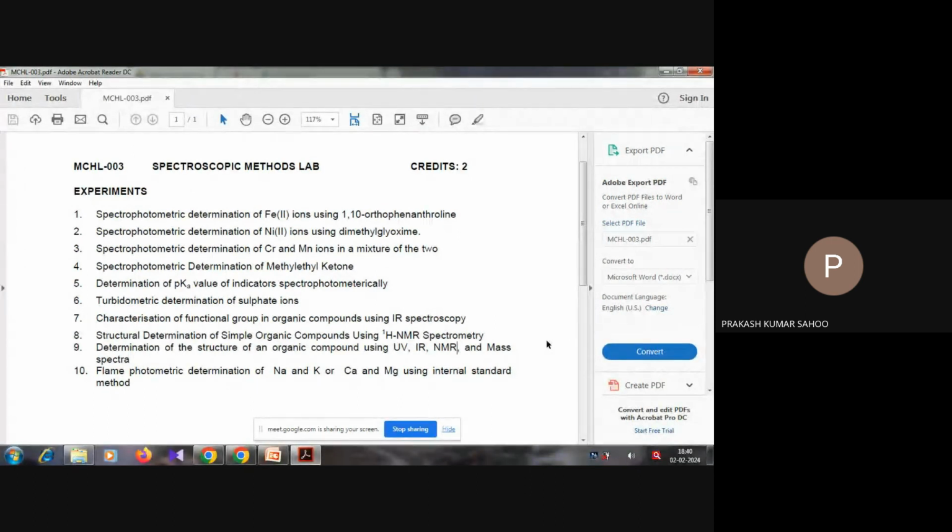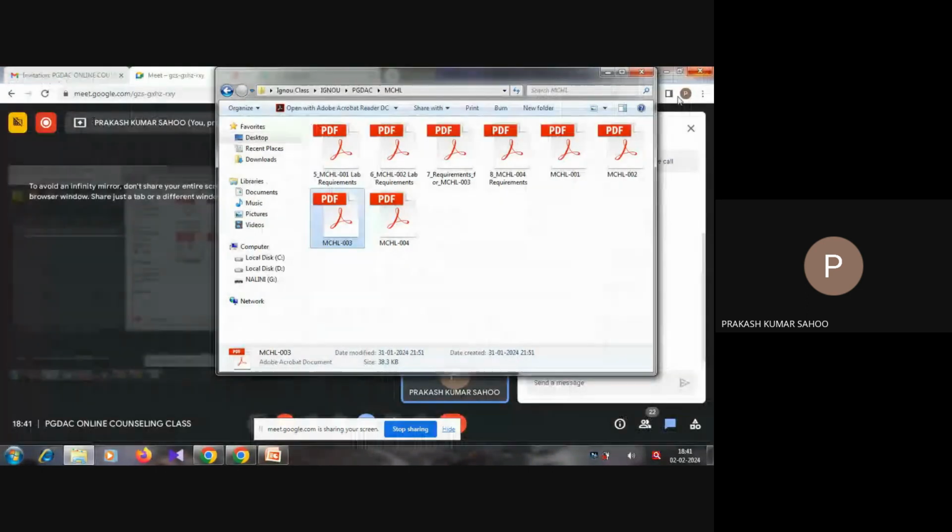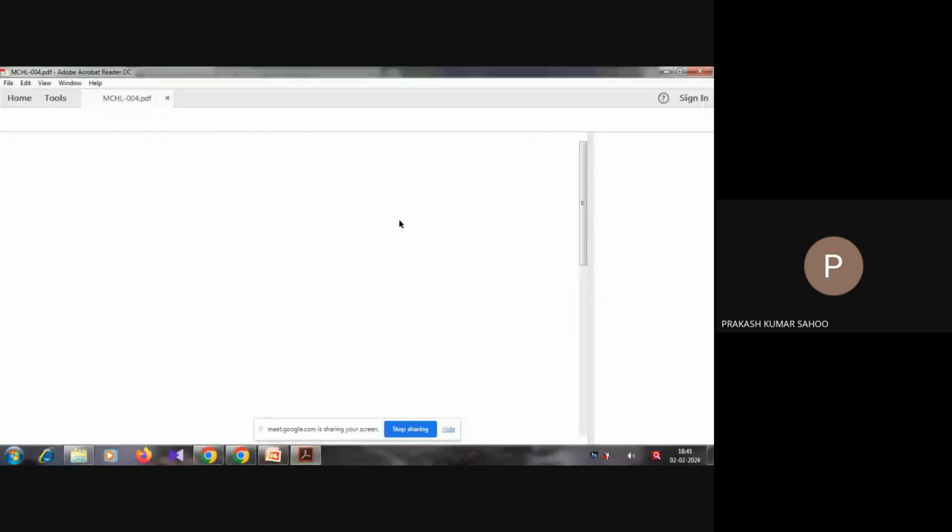An NMR instrument is around 2 crores, an IR instrument is some lakhs, like 20 or 30 lakh rupees. But UV is very cheap, and most colleges have a UV spectrophotometer. So if we do this paper practical physically, only UV can be done, and other practicals we may conduct otherwise.